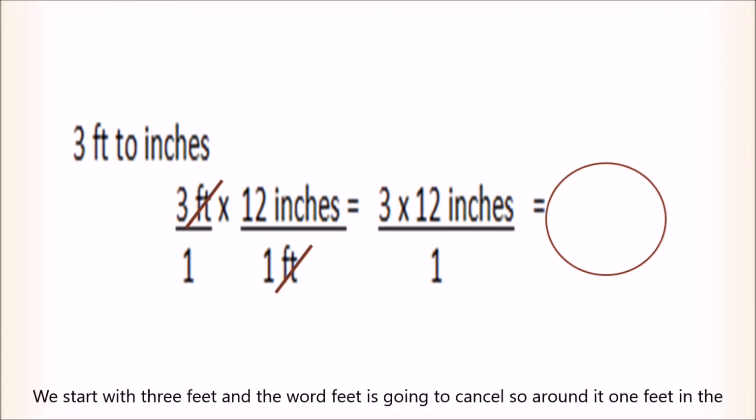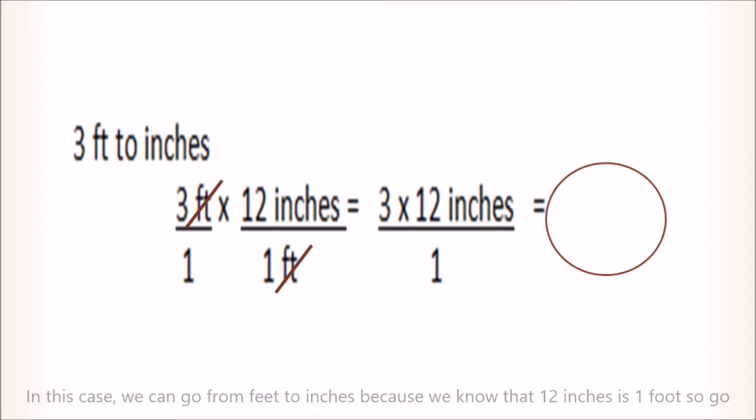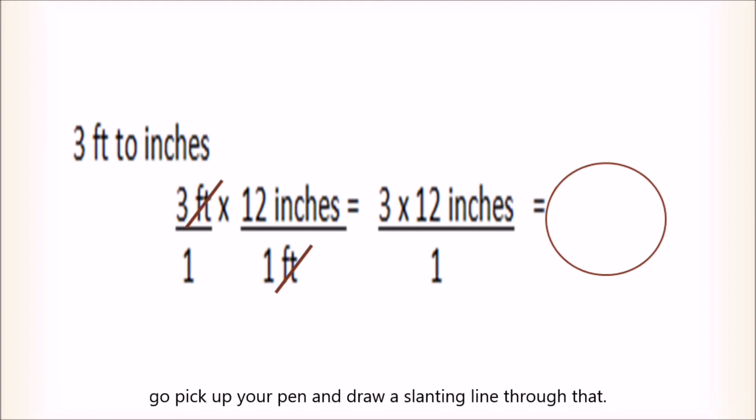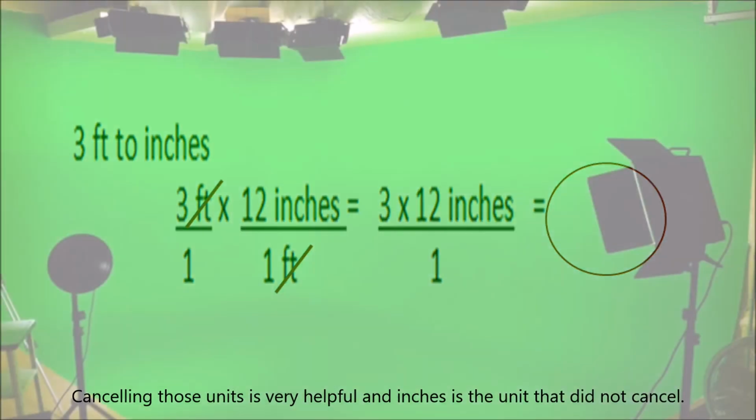Okay, we start with 3 feet and the word feet is going to cancel, so we put 1 foot in the denominator. In this case, we can go from feet to inches because we know that 12 inches is 1 foot. So go pick up your pen and draw a slanting line through that. Actually, canceling those units is very helpful, and inches is the unit that did not cancel.